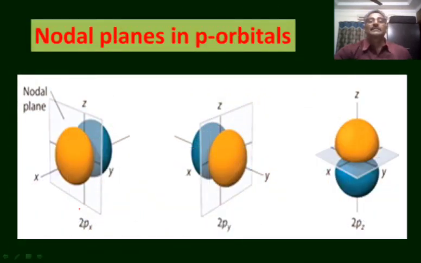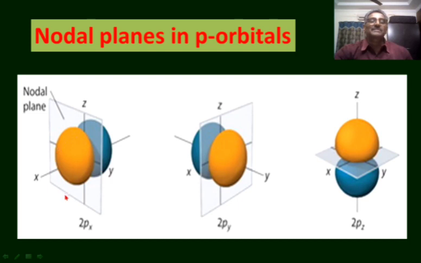Next, nodal planes in p orbitals. We discussed the spherical nodes so far. The spherical nodes are the spherical regions around the nucleus where there is zero probability of finding an electron. You know that p orbitals have two lobes spreading in opposite directions from the nucleus.